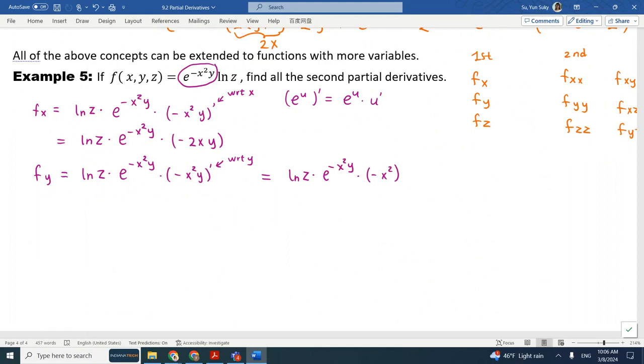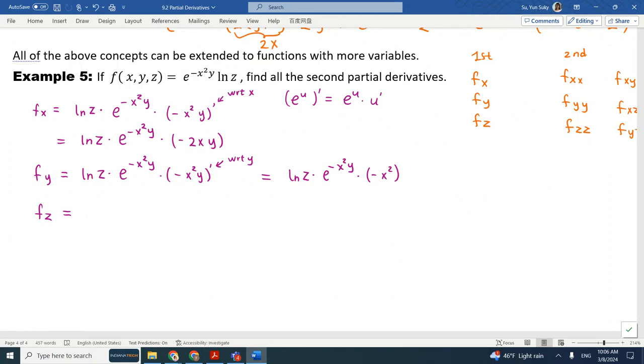So far, so good, everybody? Okay, partial f, partial z. So our first derivative. Now x and y are constants. z is the variable. Do you see e to the negative x squared y? It's like a number.